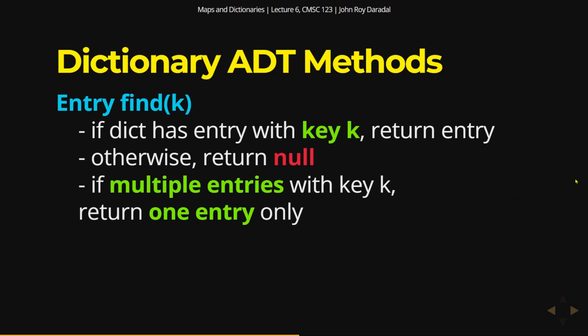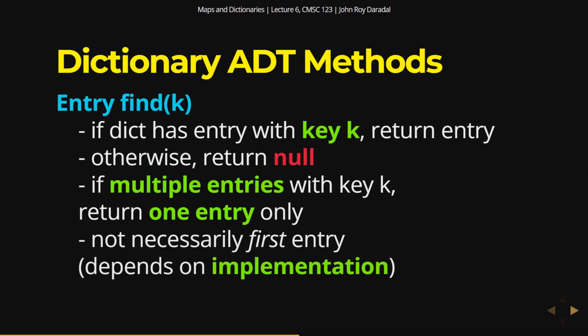Okay, so which entry, that would be dependent on how you implemented it. So it's not necessarily the first entry that you added, it could be the last entry that you added. So it's not guaranteed. So it's dependent on how you implemented it.